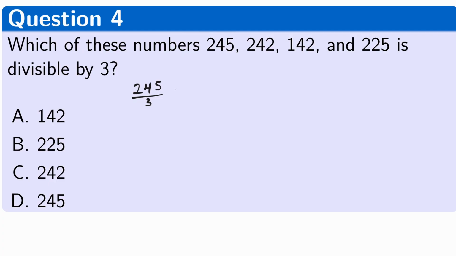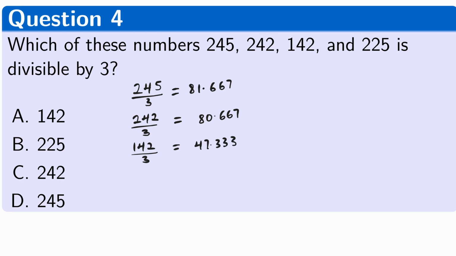245 divided by 3 gives us 81.667. Then we have 242 divided by 3, which gives us 80.667. Then we have 142 divided by 3, which gives us 47.333.